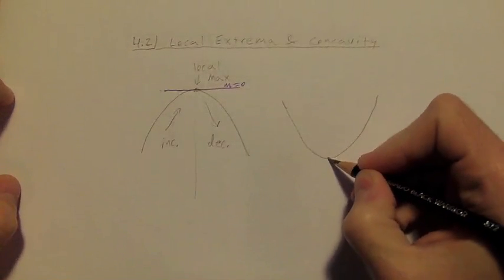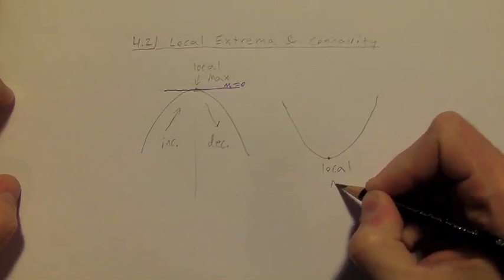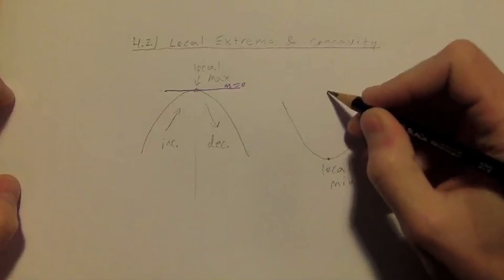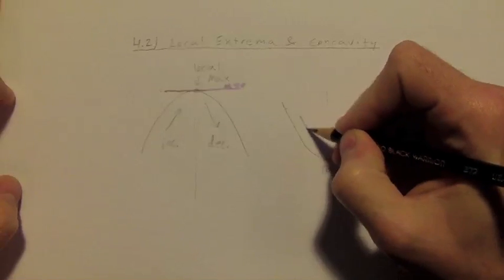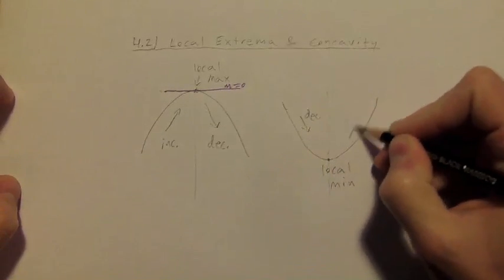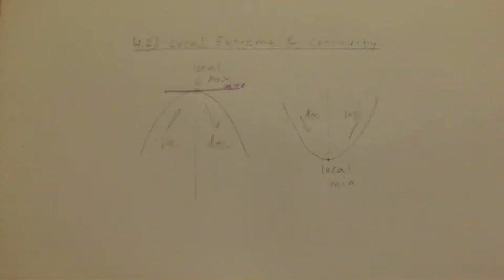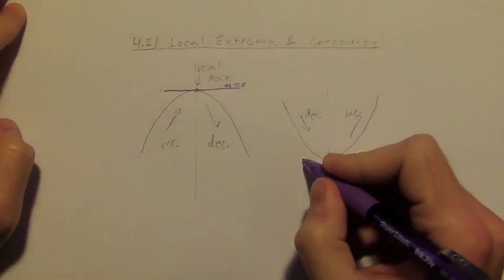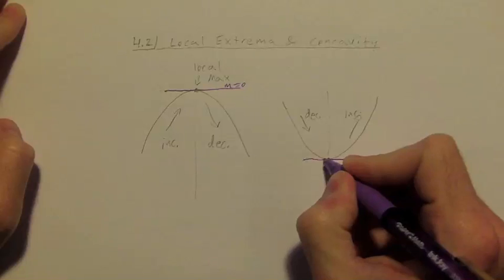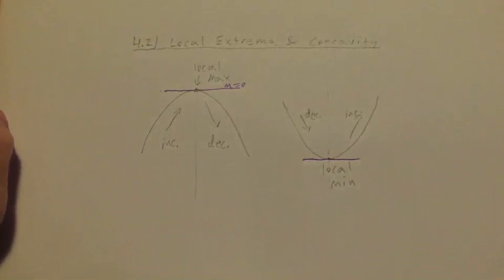Or, as we see with this local min, it's changing at this point from decreasing to increasing. Okay, and that point of change happens where we have that horizontal tangent line. So this is essentially how we're going to check whether each critical point we have corresponds with a local max or a local min.